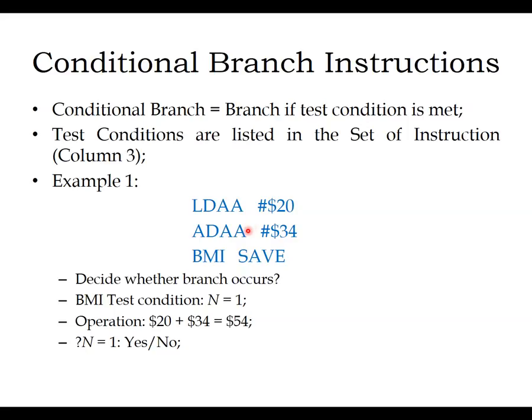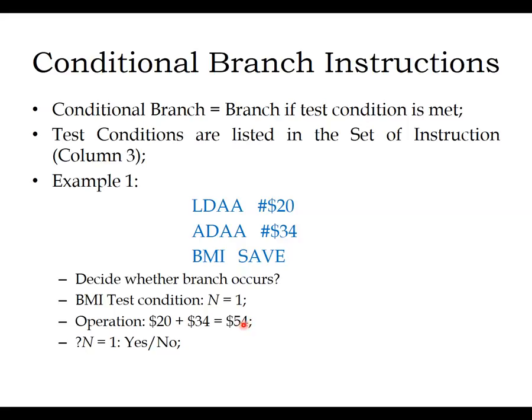In the second line, we are adding another data, which is 34, to what we have in accumulator A. So basically, the operation you are doing is adding 20 plus 34, and the sum is 54 in hex, which will be loaded into accumulator A after you are done with the addition, right?